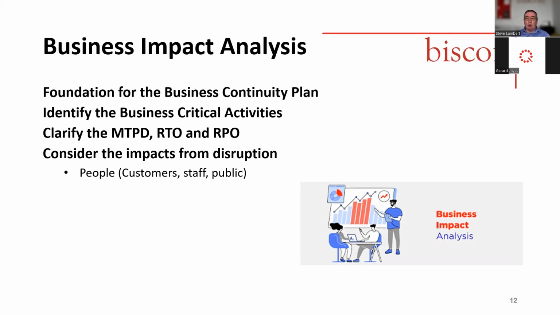So look at the impact on your customers, on staff as well, and potentially on members of the public. Then financial impacts: it could well be a fine from the regulator or from the ICO if you've suffered a cyber breach and your procedures have not been that good in the first place. And if people can't pay their rent for whatever reason, there is going to be an impact on the organisation.